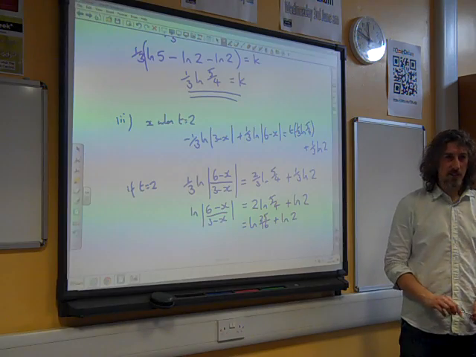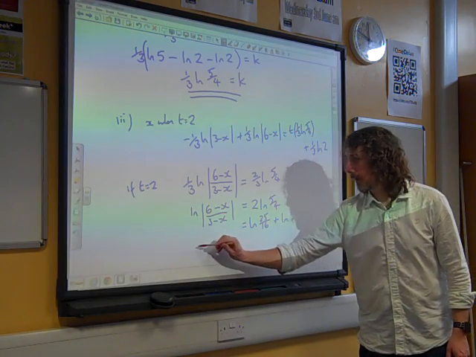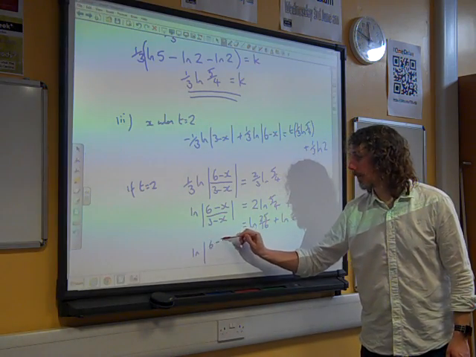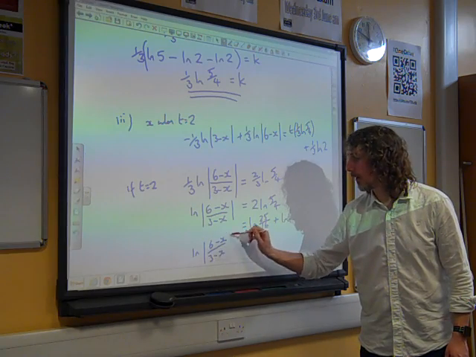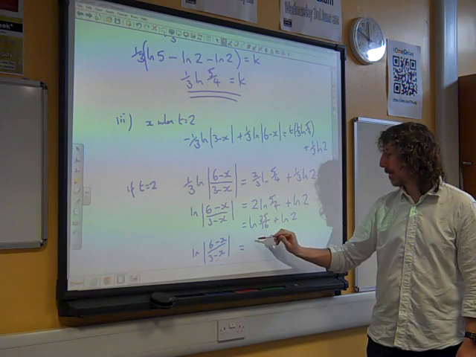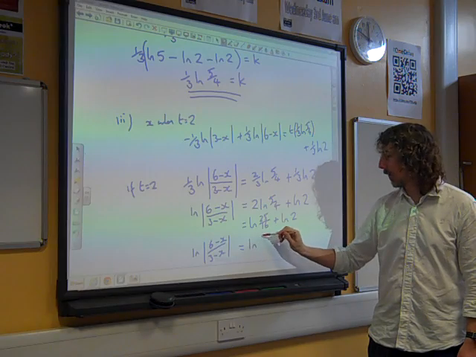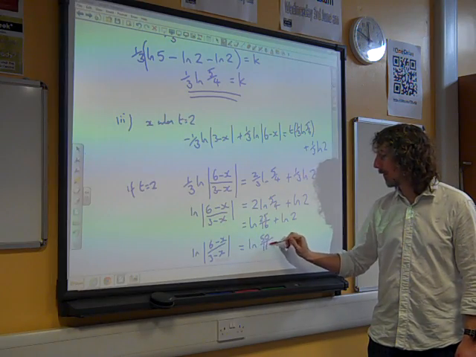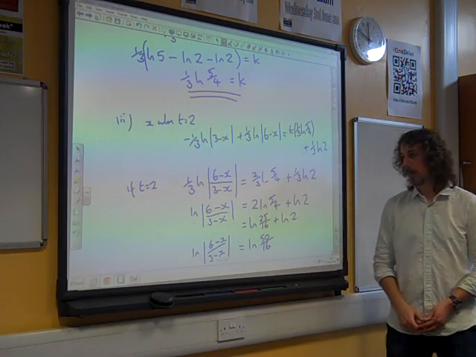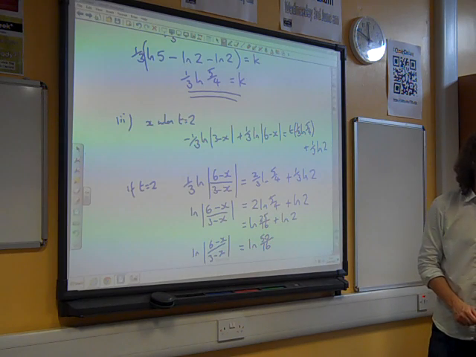Which, combined together, means that the natural log of 6 minus x over 3 minus x equals the natural log of 50 over 16. And why I didn't write it as 25 over 8, I don't really know.